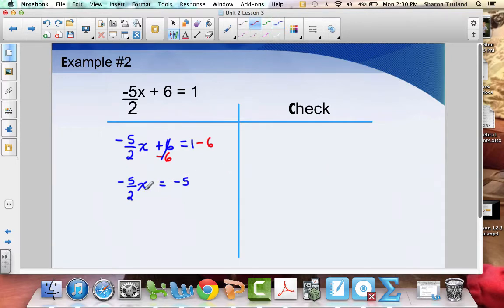Now, hopefully you remember from last year, how do we get rid of a fraction quickly? Well, we multiply it by its reciprocal. And if you don't know what a reciprocal is, take time to write this down. It simply means to flip the fraction.